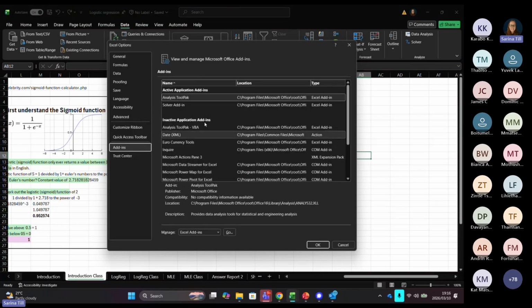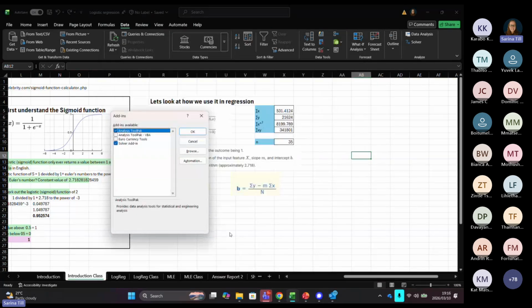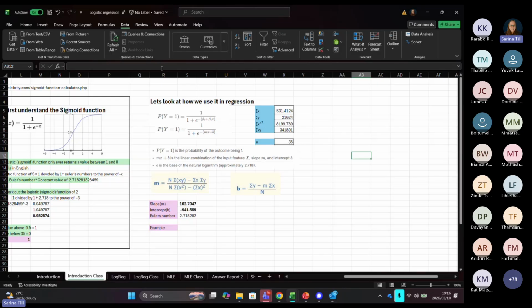Then you're not going to click here because nobody knows why that is there. Then you're going to go to Manage Add-ins. Make sure it's Manage Excel Add-ins. Click on Go. You're going to say, I want the Analysis ToolPak and I want the Solver. These two. Okay, then you click on OK. Then if you click on Data, they should appear here. Okay, then they are both there.